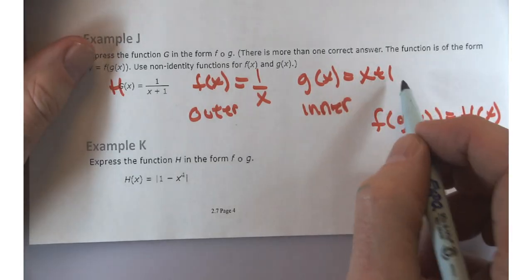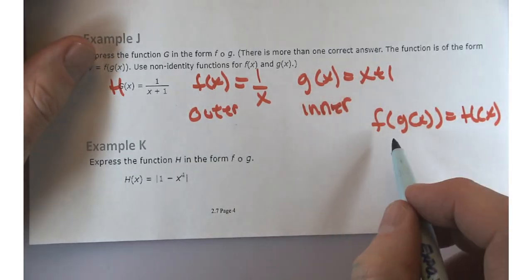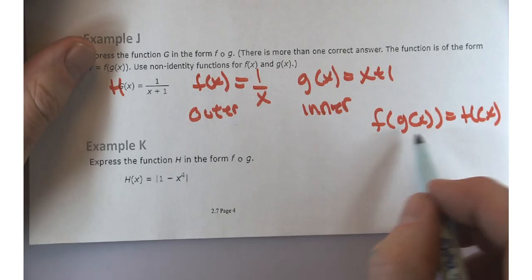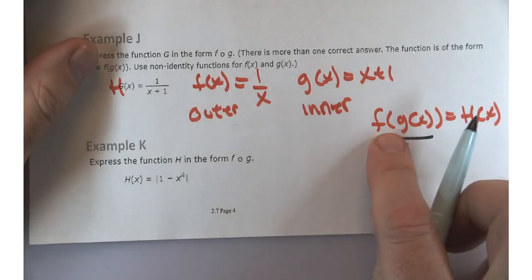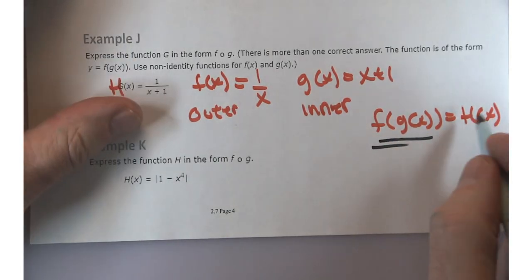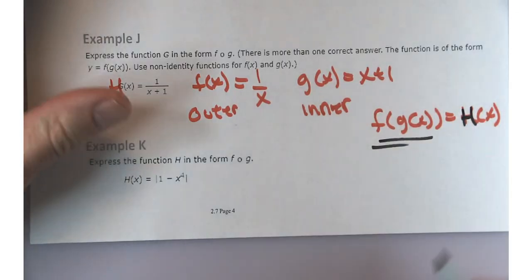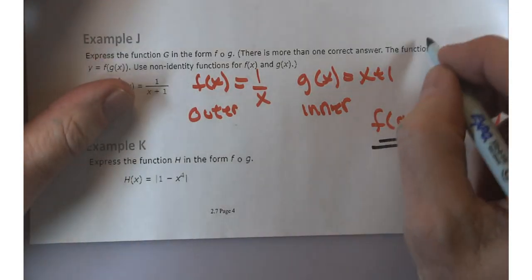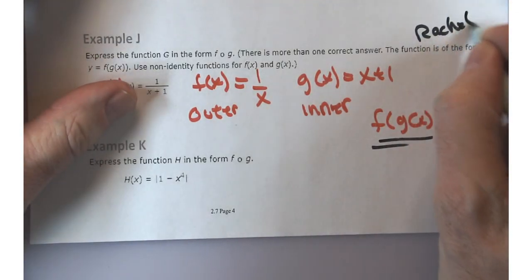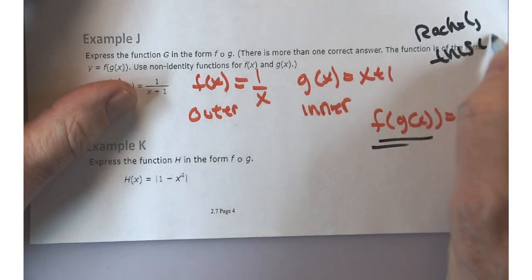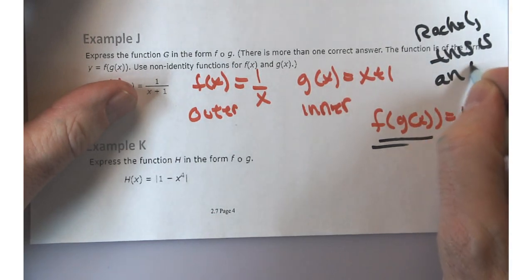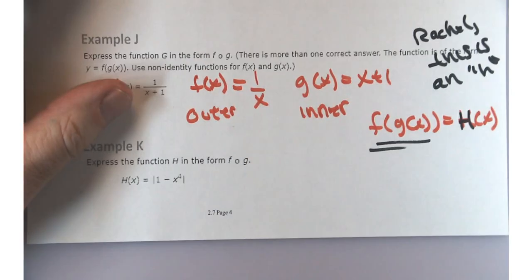But what did you write as the final answer? Oh, f of g of x is h of x. I couldn't read it. It looked like an I. I'm sorry. Thank you, Rachel. This is an h. There we go. All right, so we're clear on that one.